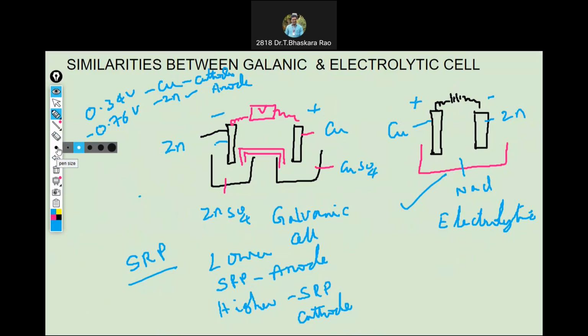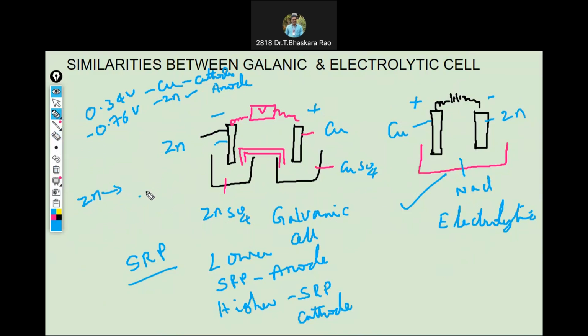And how to represent the galvanic cell, that is the cell notation. For example, zinc I have taken as the anode. What reaction takes place at the anode? Oxidation reaction. At the anode, always oxidation reaction only, whether it is an electrolytic cell or a galvanic cell.